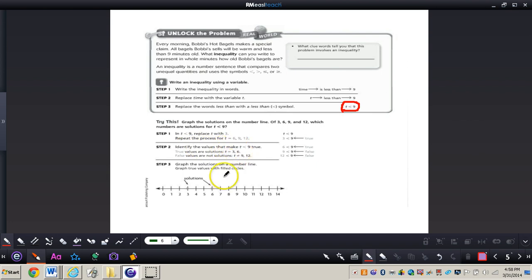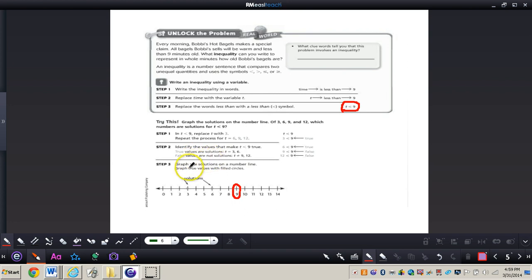The reason we know 3 and 6 are solutions is because they are to the left on the number line. You can see 9 right here. False values, which would not be the solutions, would be 9 and 12, because they're not less than 9. 9 is not less than 9, it's equal to. 12 is not less than 9.